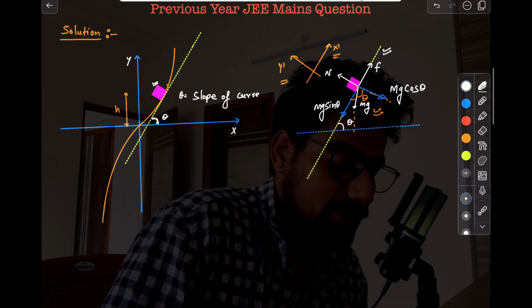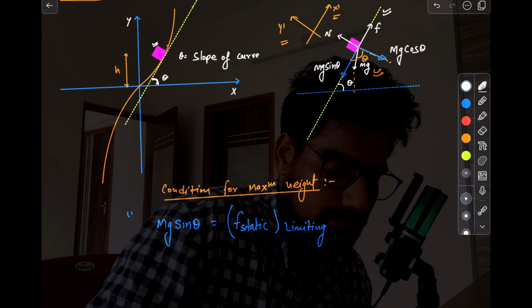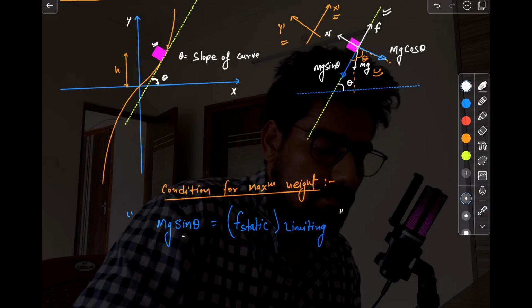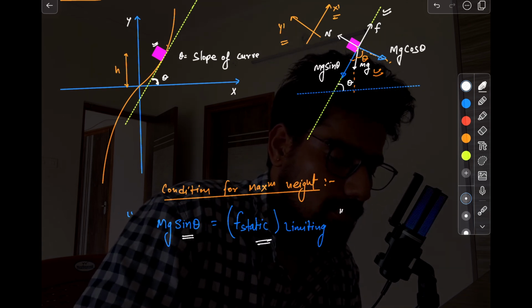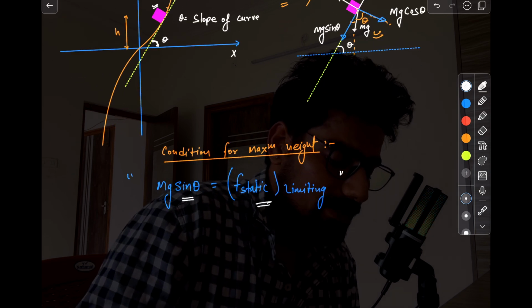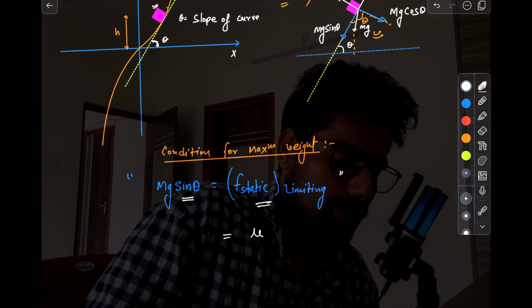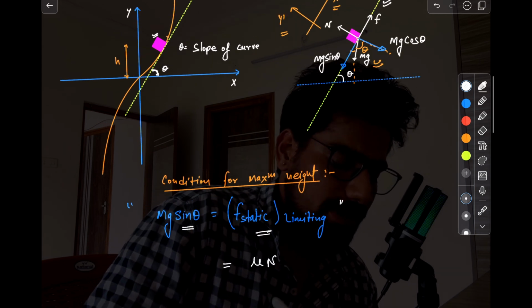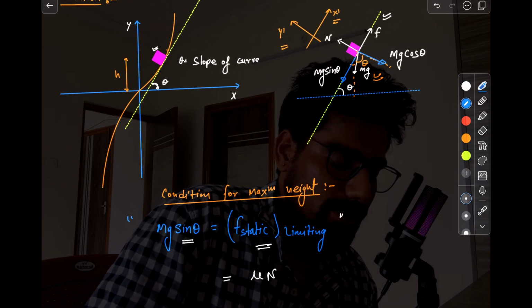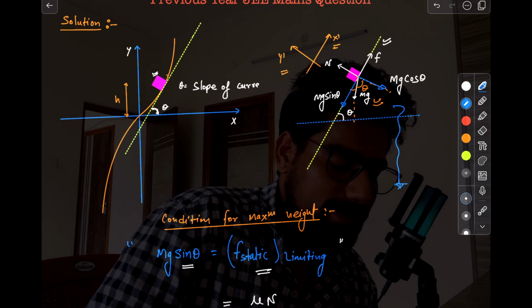The condition for the maximum height is that the mg sin theta force becomes equal to the static limiting friction. We know the static limiting friction is mu multiplied by N, where N is the normal between surfaces. Now if we take this diagram and the y direction, total forces will be 0.